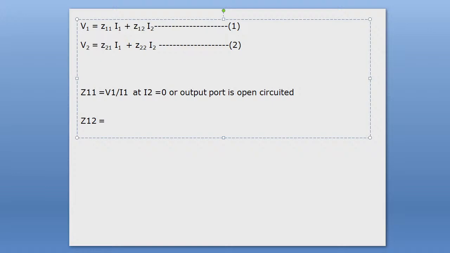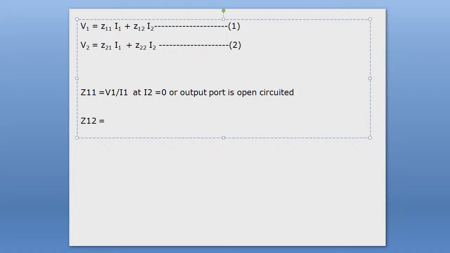The second term of equation 1, on the left hand side, is equal to 0. So therefore you can write Z11 equal to V1 by I1, at I2 equal to 0, or output port is open circuited. Now you tell me the expression of Z12.